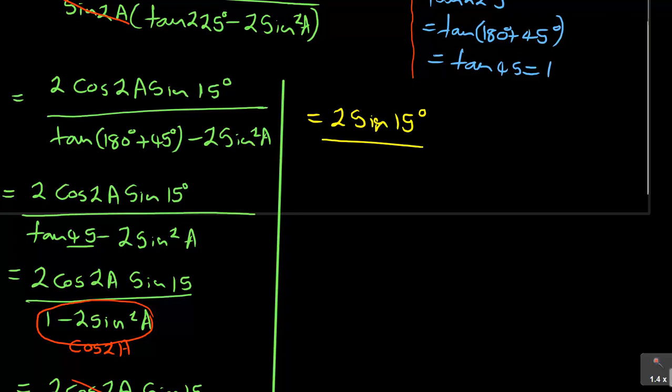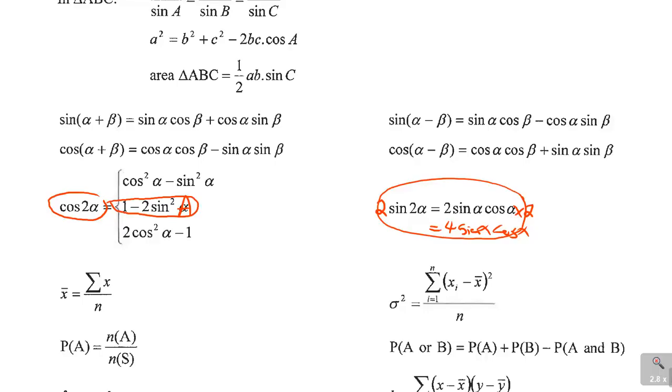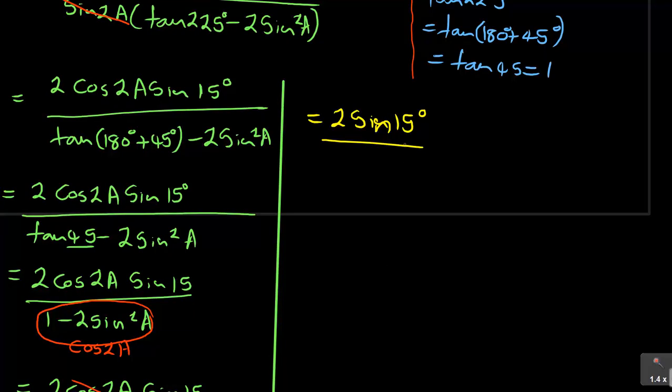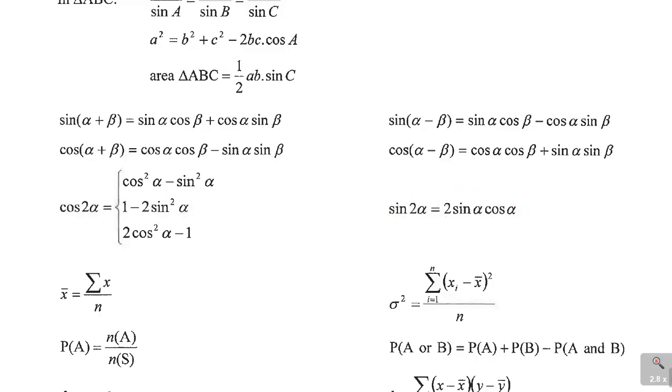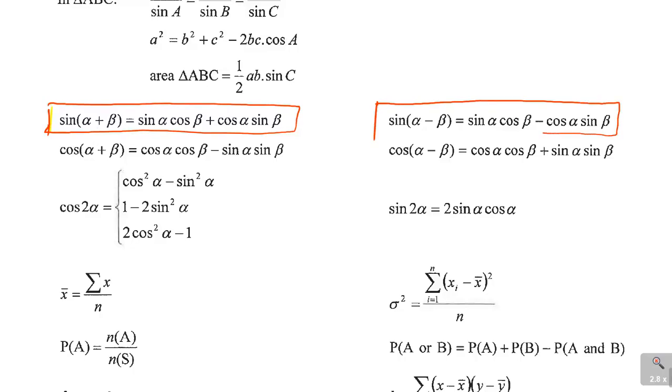Now with that, let us go back again to our formulas and looking at 15, because there is nothing I can do with 15 degrees, but you must remember the expansion rule of sine. Now there are two of them. We have got the first one here, that is sin alpha plus beta, and you have got this one, which is sin alpha minus beta.